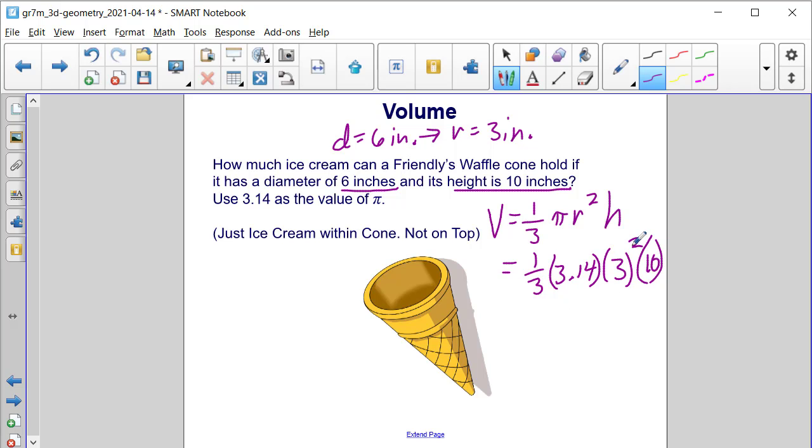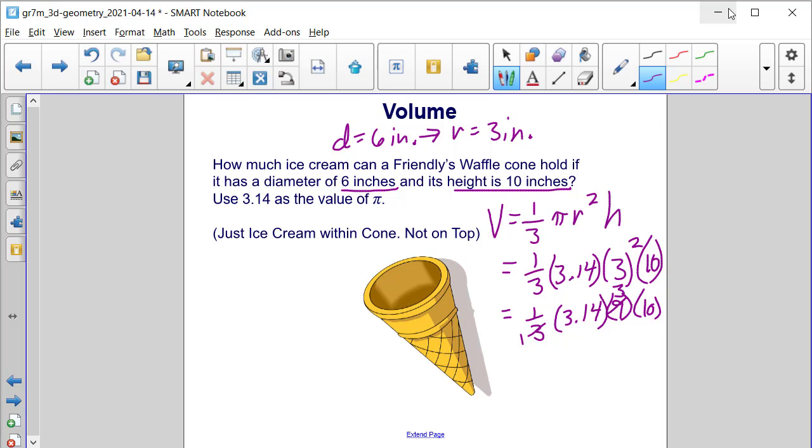Well, 1/3 of 3 squared is really 3, because we're going to keep the constant there. 3 squared is 9. And then we can reduce this to be 1 in the denominator and 3 here with the 9, because again, 1/3 of 9 is 3.